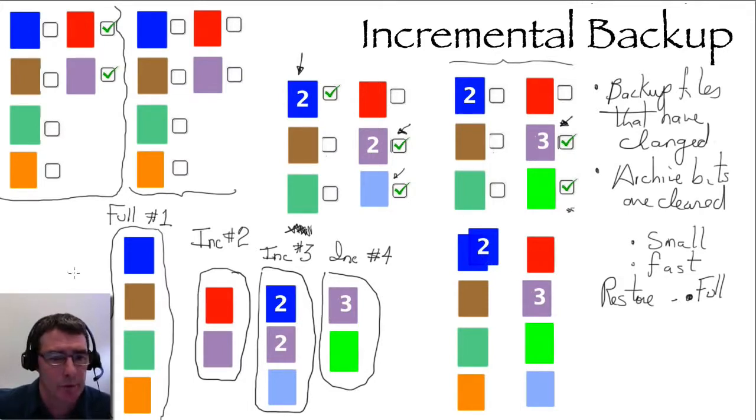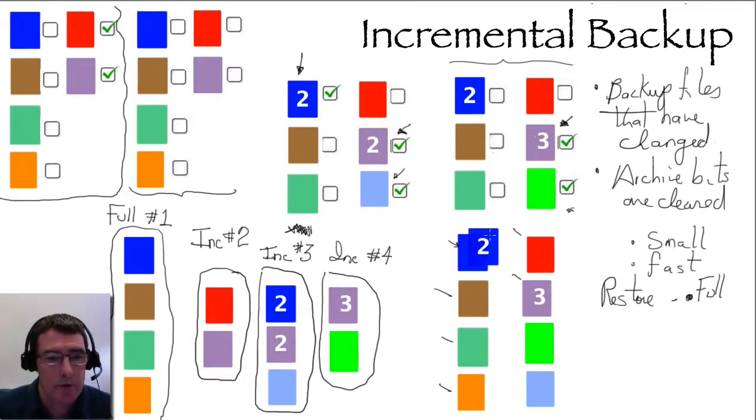So we've restored this blue one here, brown, green, orange, using the full backup. I then restore incremental number 2, and I restore the red one and a purple one. I now need to restore incremental number 3.